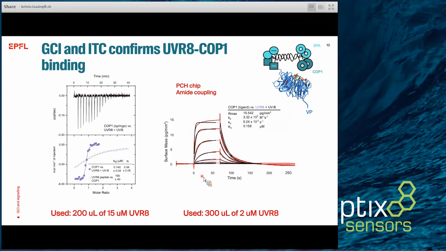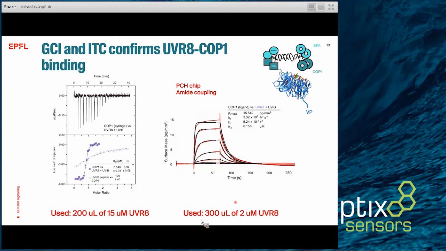That was very happy for us to see, but on top of that, we could also now characterize the kinetic parameters. So we could hypothesize about the speed of the interactions between UVR8 and COP1. But the main point I want to emphasize here, at least on the technical side, was that for the ITC experiments, I needed 200 microliters of 15 micromolar UVR8 for just one run.